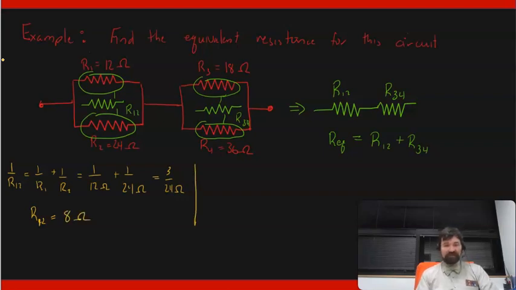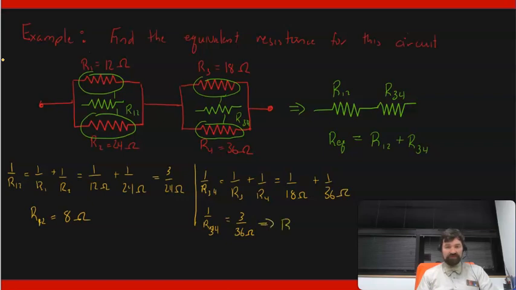I can do the same thing over here. 1 over R34 is 1 over R3 plus 1 over R4. So that's 1 over 18 ohms plus 1 over 36 ohms. Now the combination of those two gives me 1 over R34 is equal to 3/36 ohms.